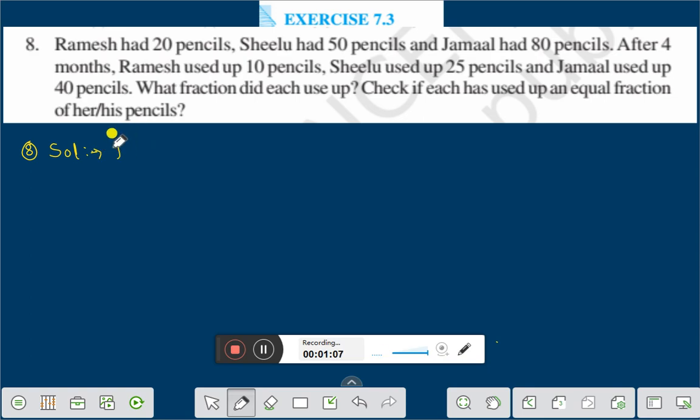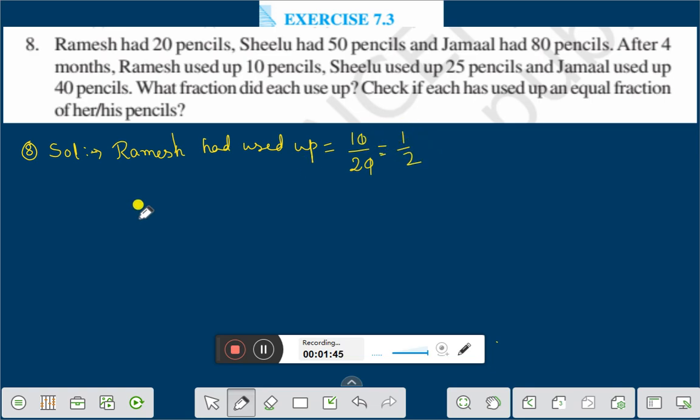Ramesh had, used up how many fraction? He used 10 pencils out of 20 pencils. Therefore, we will find the fraction, that is half, 1 by 2.